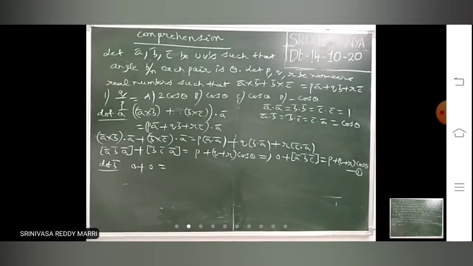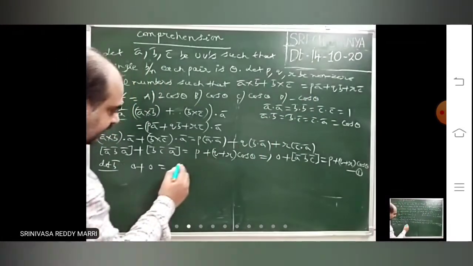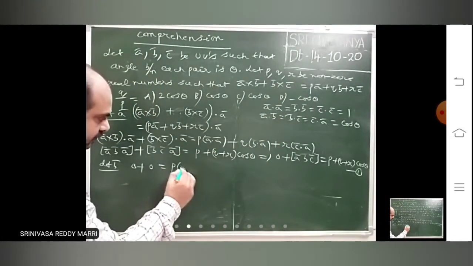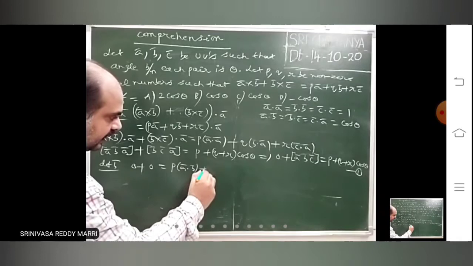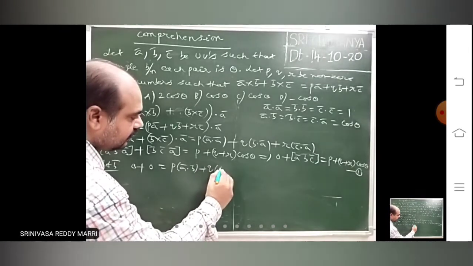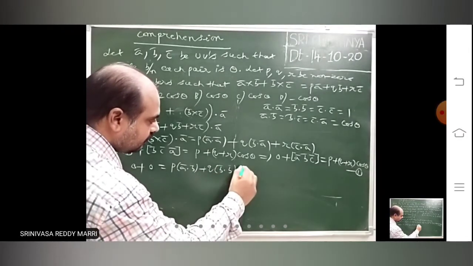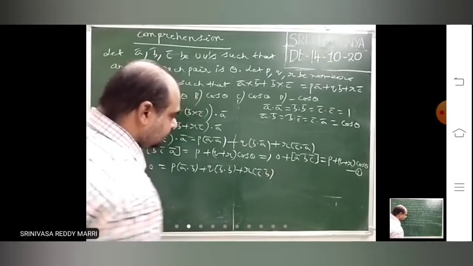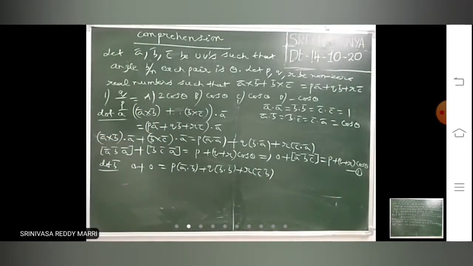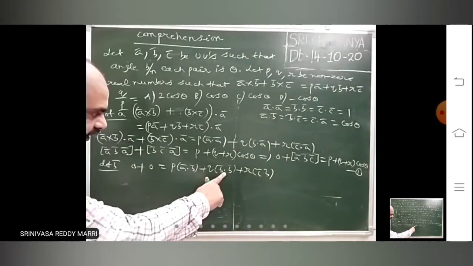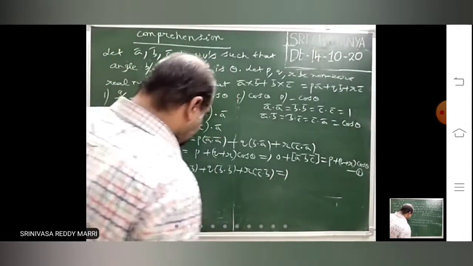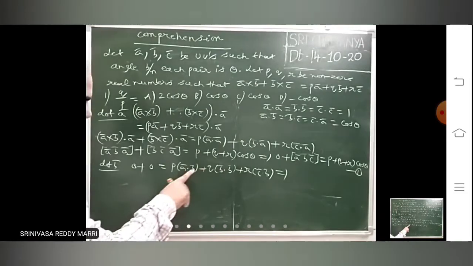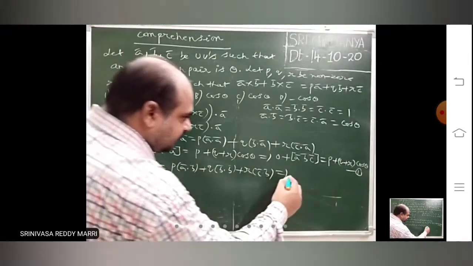Now P into A bar dot B bar, this is 1, this is 1, and this is cos theta, this is cos theta.